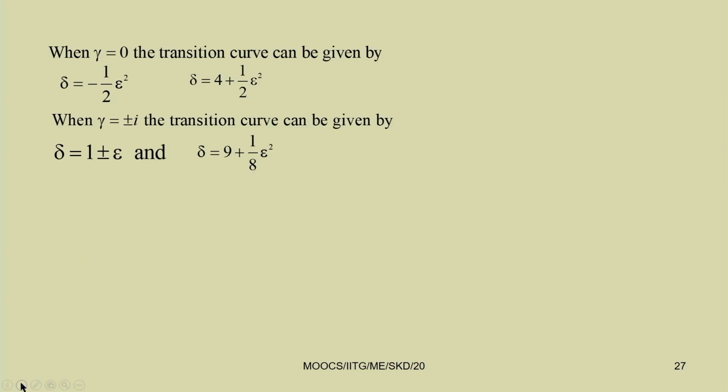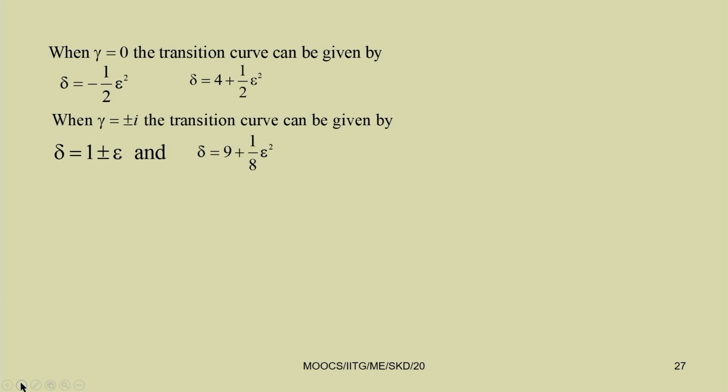You just see when gamma equal to 0, then you can get the transition curve. So, you got the condition that delta equal to minus half epsilon square or delta equal to 4 plus half epsilon square. When gamma equal to plus minus i, the transition curves are delta equal to 1 plus epsilon and delta equal to 9 plus 1 by 8 epsilon square.